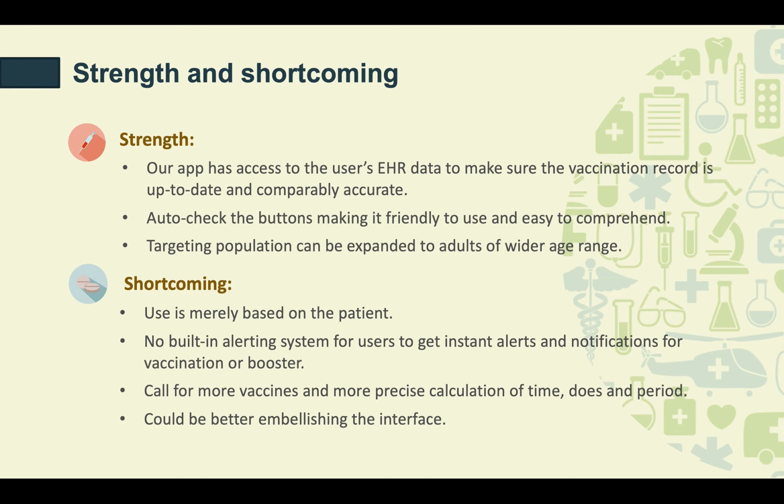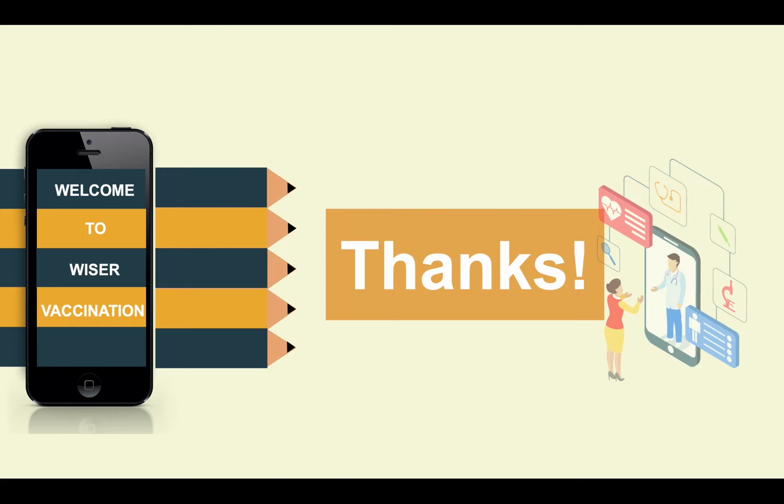But the key advantage of our app is that we can automatically combine the CDC guidelines and the EHR data of the users, so we can automatically and more accurately help the users track their vaccines. And that's it. Thanks.